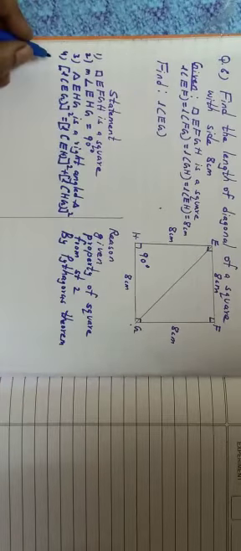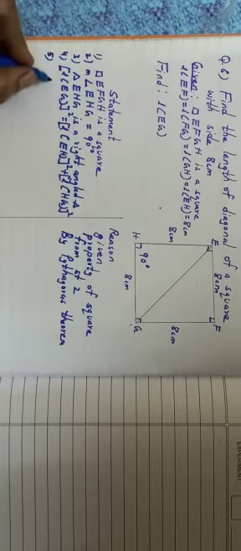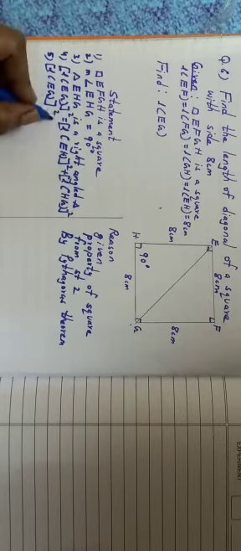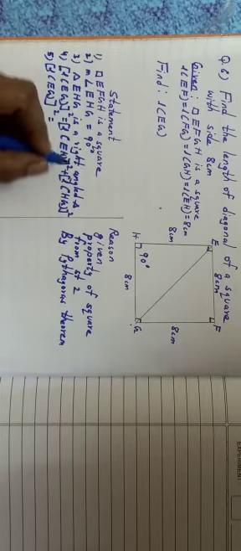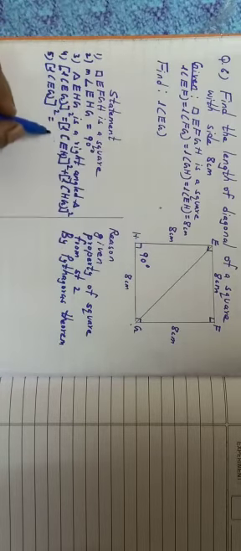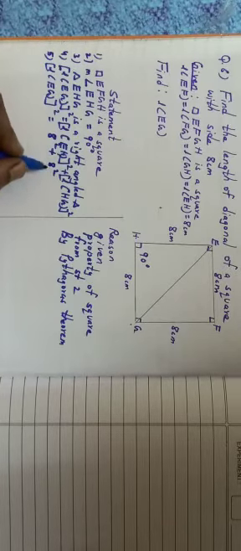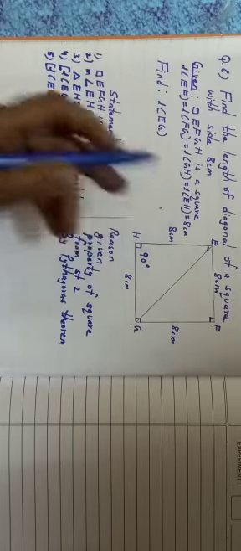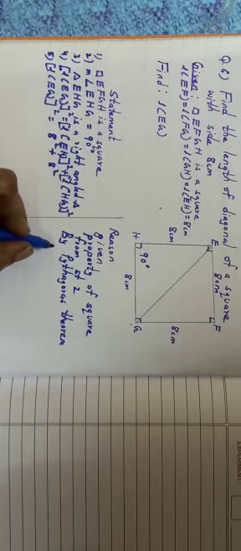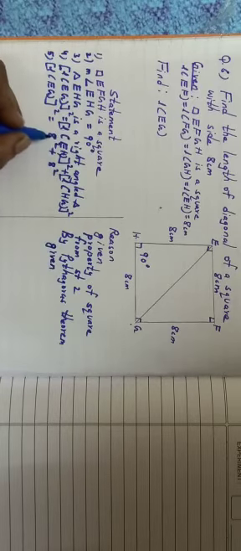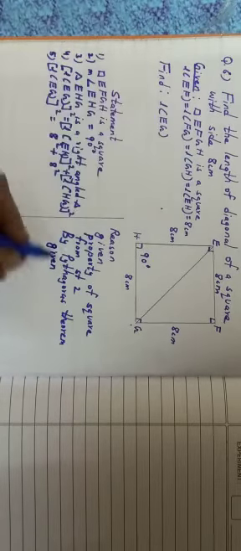Now the next will be the fifth step. Length of EG square is equal to, what is the length of EH square? 8. So 8 square plus 8 square. How did we get this 8 square plus 8 square? It's given. These values which we have written, 8, we have written from the given.